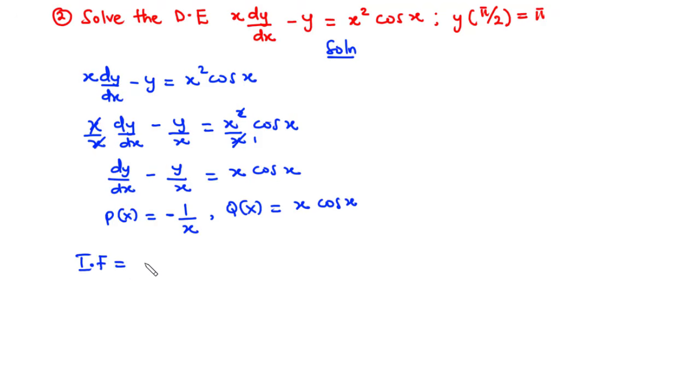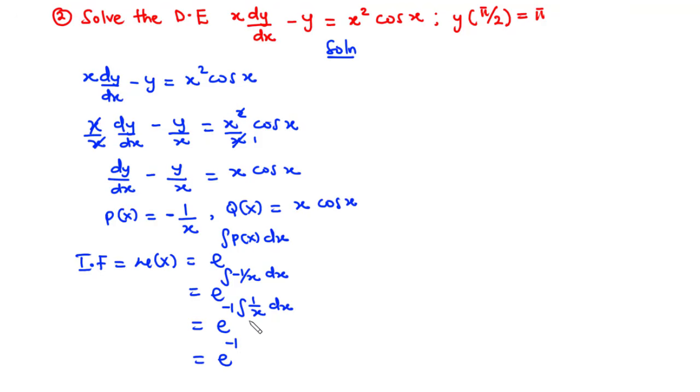which is a function of x and is equal to e to the power the integral of p of x dx, and that is equal to e to the power the integral of, we have p of x to be negative 1 over x times dx. This is equal to, we are going to pull out negative 1, and then we have the integral of 1 over x dx.